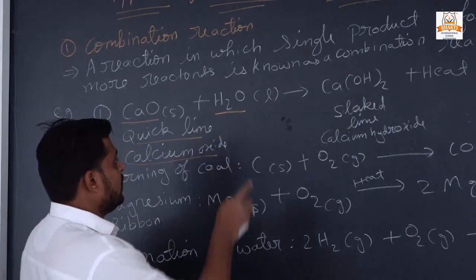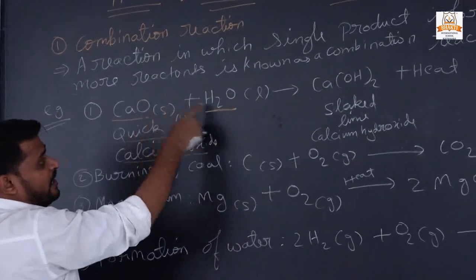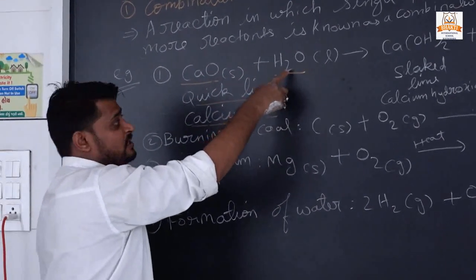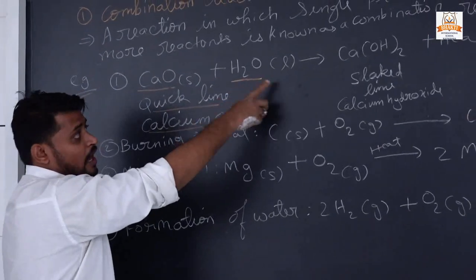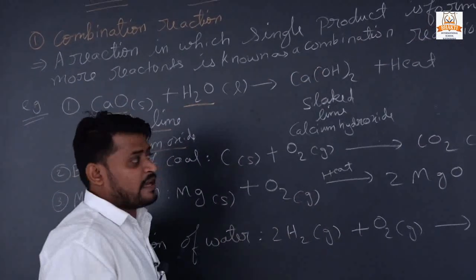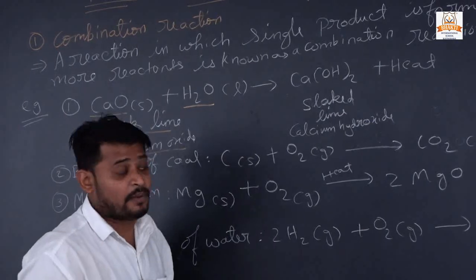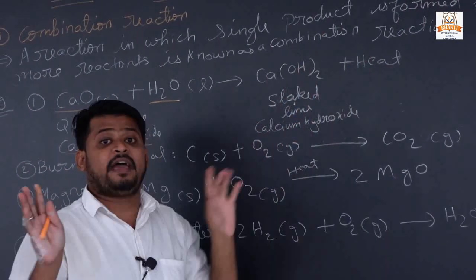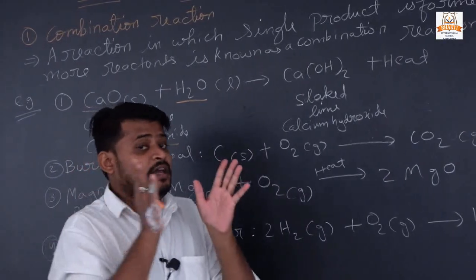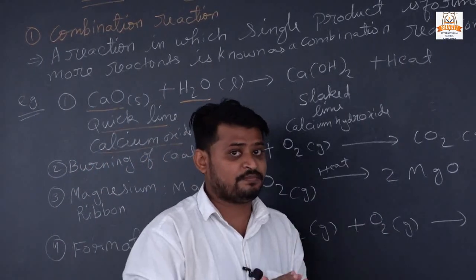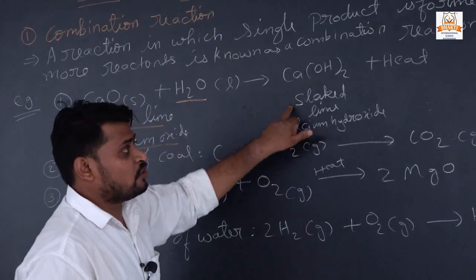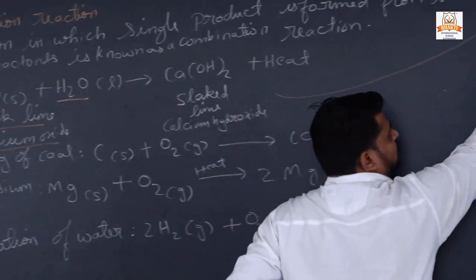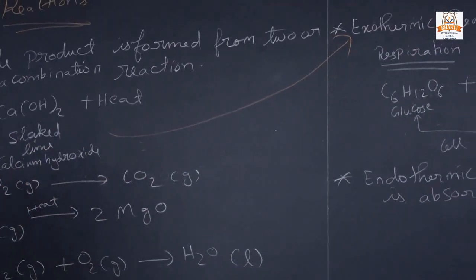Example number 1: calcium oxide and water react, and we get Ca(OH)2, calcium hydroxide, but in that heat is released. When in any chemical equation heat is released in the product, it is called an exothermic reaction. So it is an exothermic reaction.